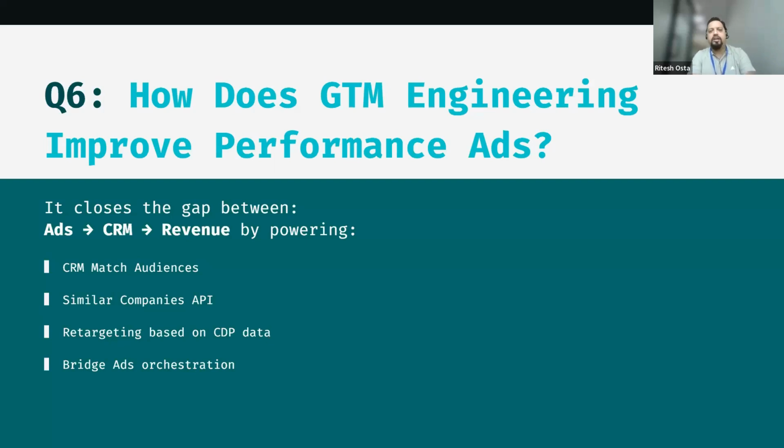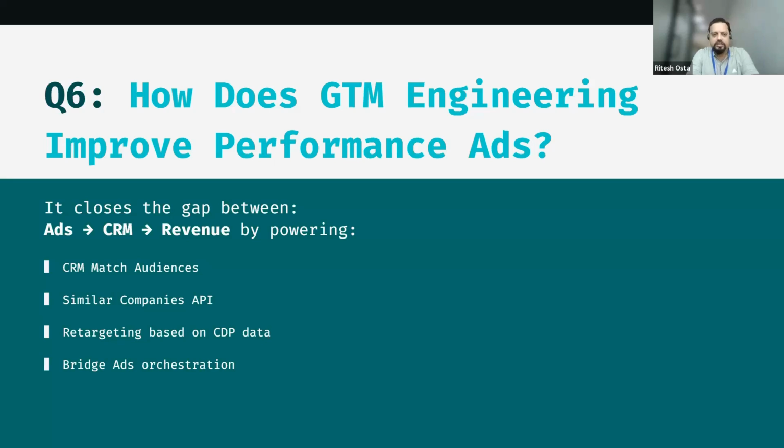We are now entering an era where, thanks to AI and automation, we can very effectively and efficiently engineer the integration between the GTM engineering stack and the performance ads stack. I think we are very close there. A lot of companies are already implementing. We are implementing these systems for a lot of companies. So these are exciting times.